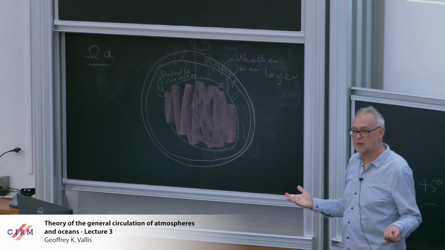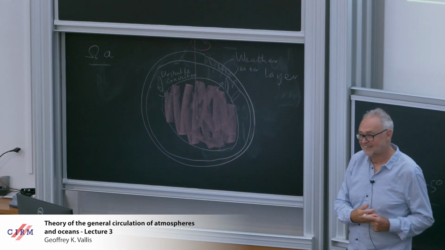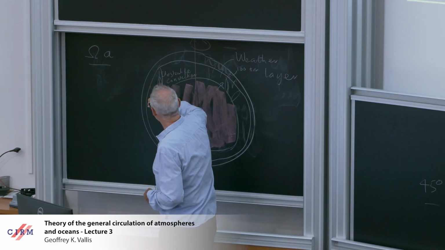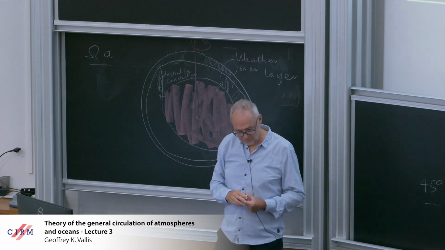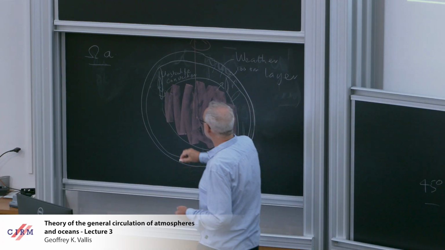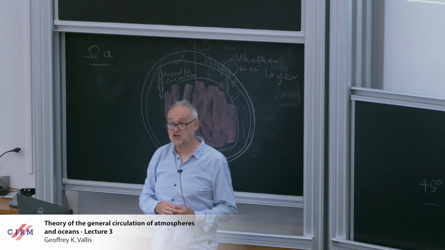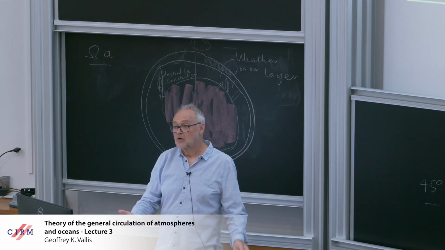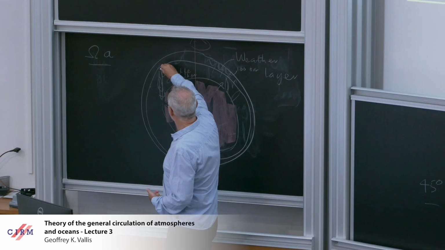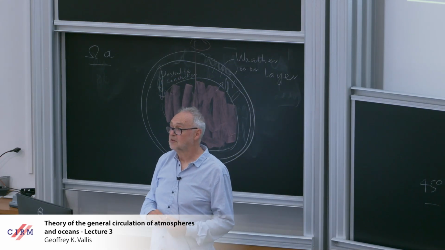It gives you free rein to the imagination because there aren't so many observations to tell you that you're wrong. It's because this is so highly rotating, you get something called the Taylor-Proudman effect, when there's very little variation in the vertical. And you get Taylor columns in the convection, and that gives you a quasi-two-dimensional nature. There isn't any variation in this direction, so it becomes two-dimensional in a certain sense.